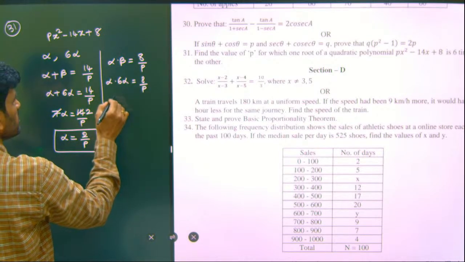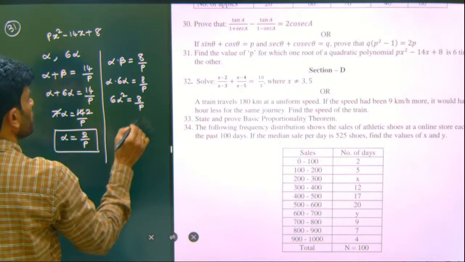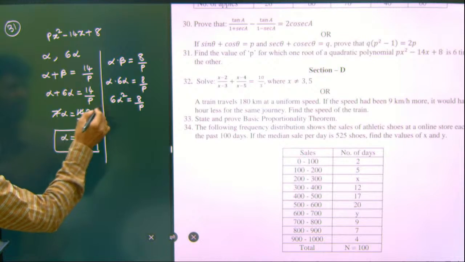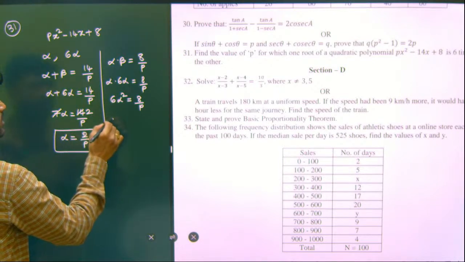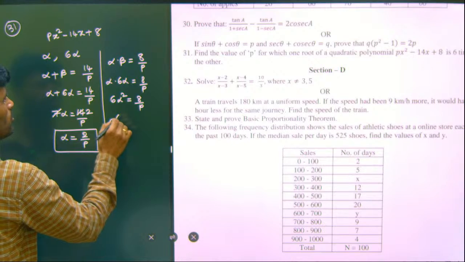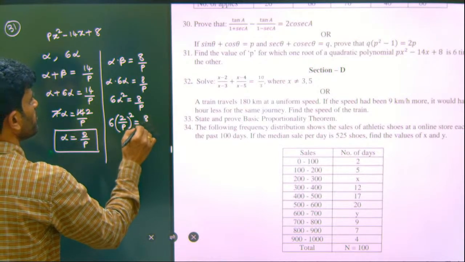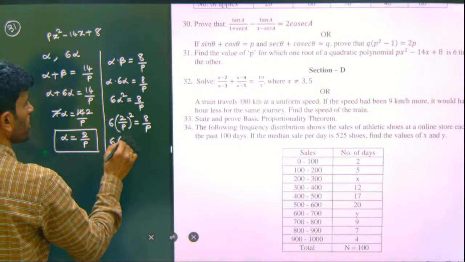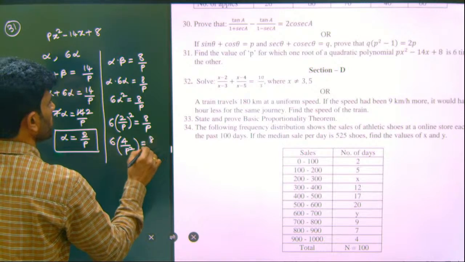That means 6 alpha square is equal to 8 by p. So we can write 2 by p in the place of alpha, because alpha is 2 by p; we can substitute here. 6 into (2 by p) whole square is equal to 8 by p. That is 6 into 2 square is 4, by p square, is equal to 8 by p.